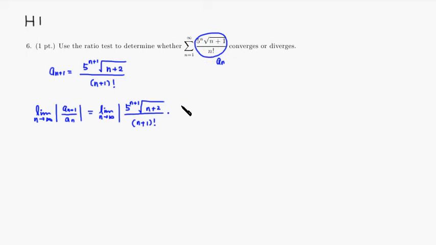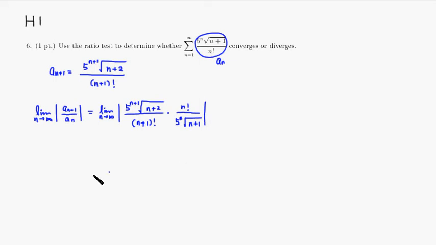So we put n factorial on top, then you have 5 to the n and the square root of n plus 1 on the bottom, right here. Then you have an absolute value sign.